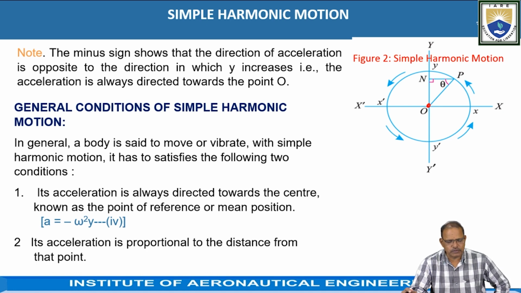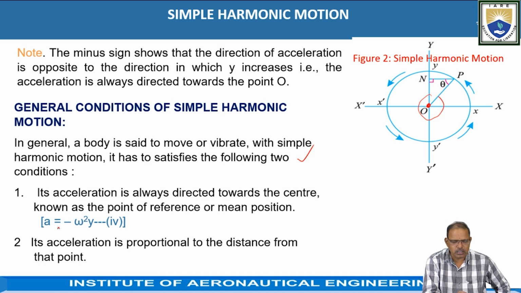General conditions of simple harmonic motion. In general, for a body to move or vibrate with simple harmonic motion, it has to satisfy the following two conditions. The first one is that its acceleration is always directed toward the center, also known as the point of reference or mean position. Its acceleration is proportional to the distance from the point, because we are taking a is equal to minus omega square y.